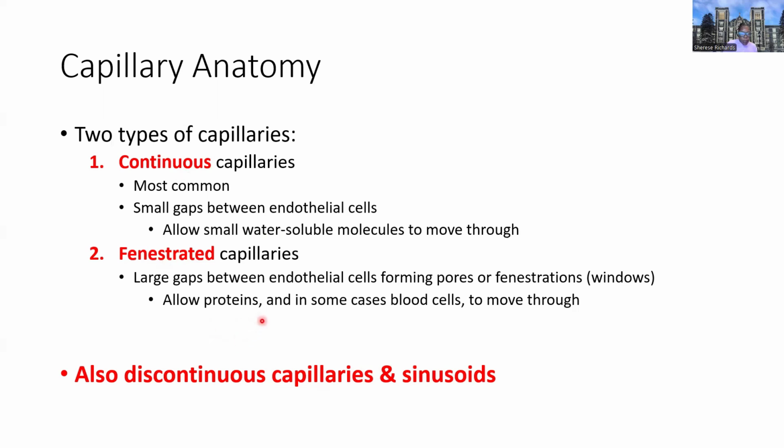Okay, now we want to think about structurally how these differ. So let's draw this out here. How do these capillary types differ in structure? And then what are some examples throughout the body?